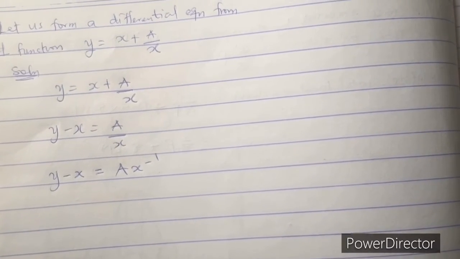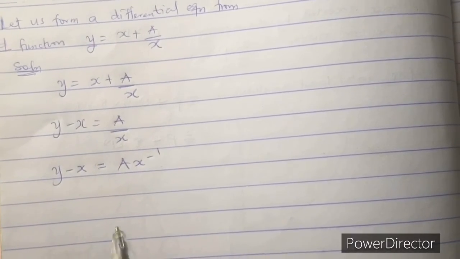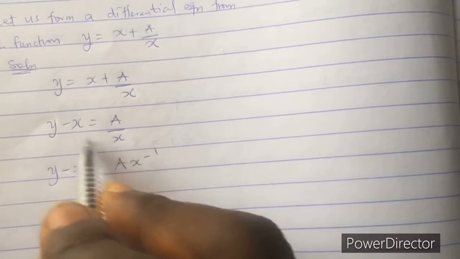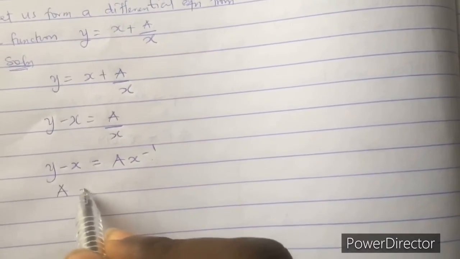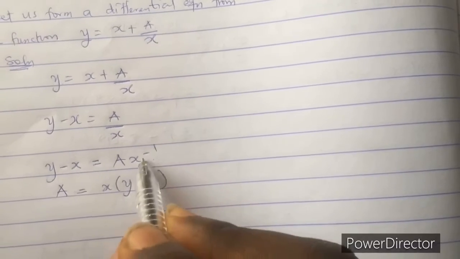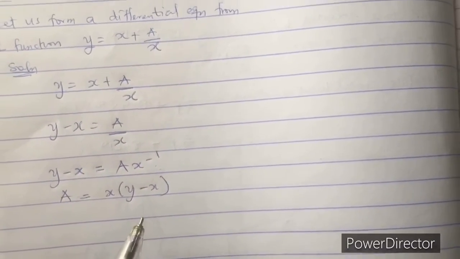Or you just cross multiply, and that will be a equals x open brackets y minus x. It's still the same thing if this x comes to this side. I hope you get that.